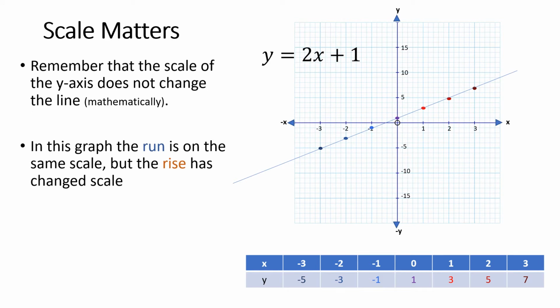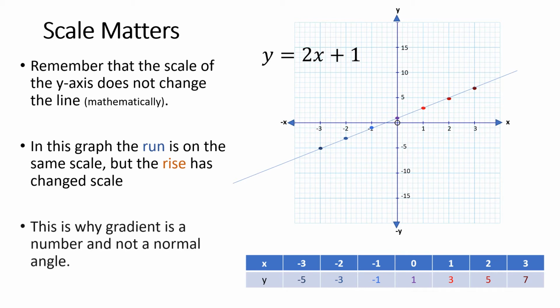In this graph, the run is on exactly the same scale, but the rise has changed scale. So when we draw our triangle, the run is still 3, the rise is still 6, but now because of the scale, that rise seems to be smaller, but this is just an illusion of scale.